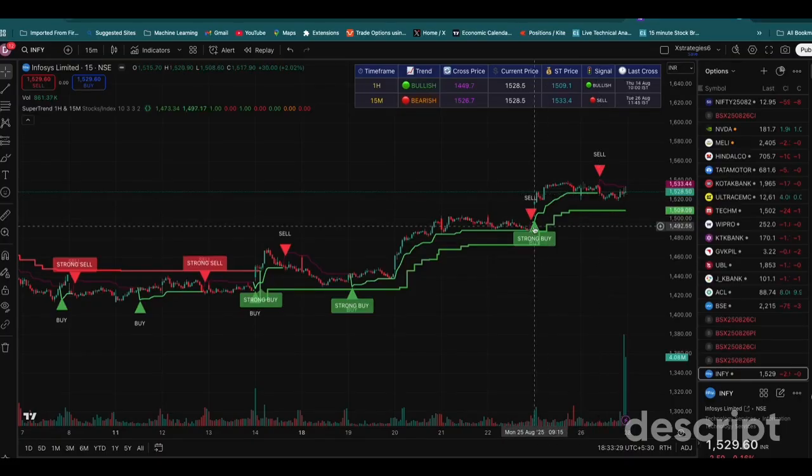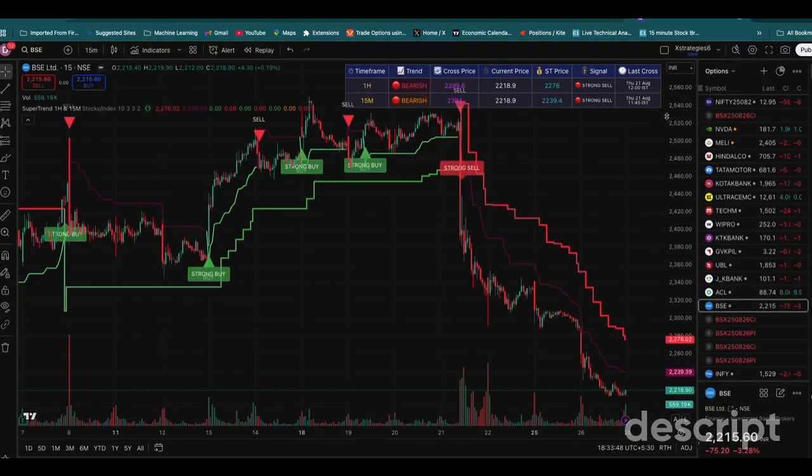There was a sell here, but then again the other super trend did not really support it. So when we got this signal here, this pretty much lived until 26th August, which is almost like 7-8 days. That is in Infy.